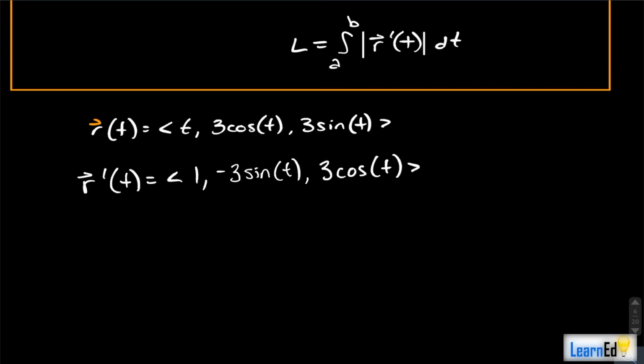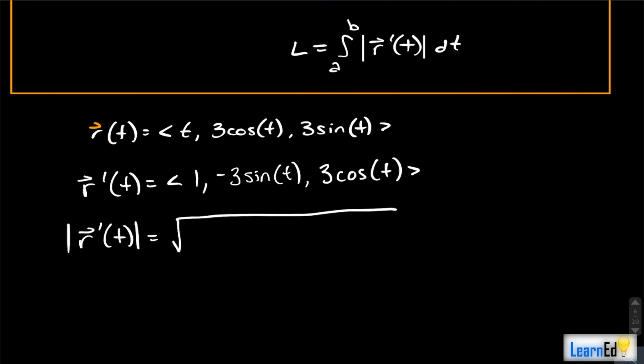Now we have to find the magnitude of r prime of t. How do we find the magnitude of a vector function? Well, all we have to do is take the square root of the sum of the squares. So we take the square root of the sum of the squares of these components.